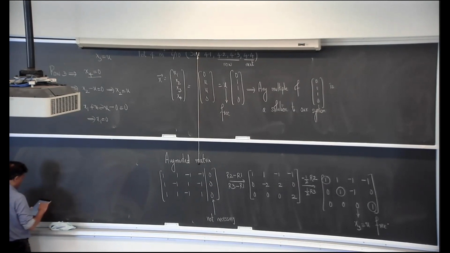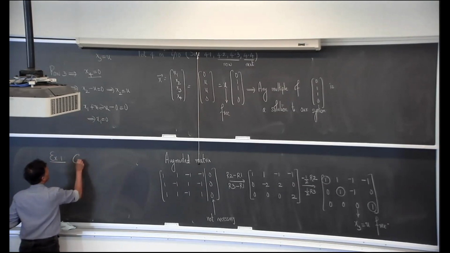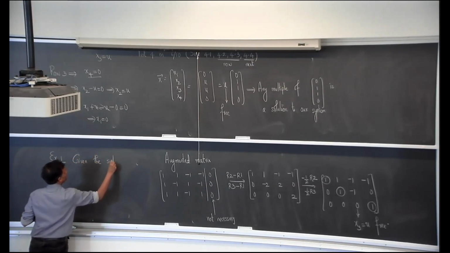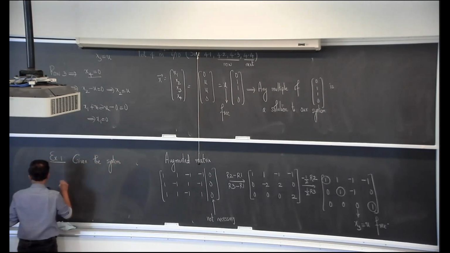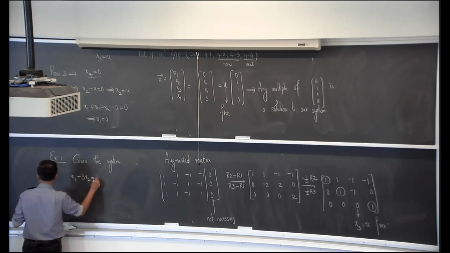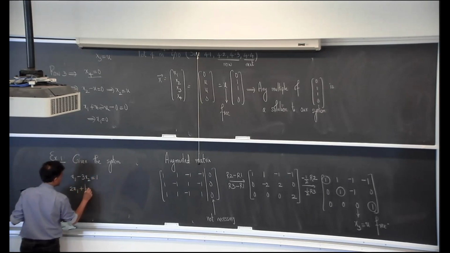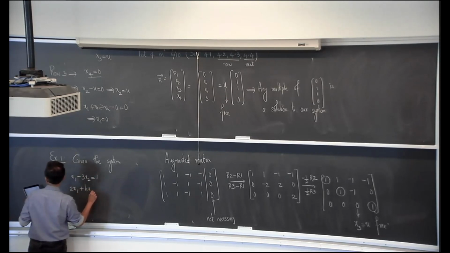Here is a question. I'm just going to mark it as a separate example. Given the following system, x1 minus 3 x2 equal to 1, and 2x1 plus h x2 equal to 2k.